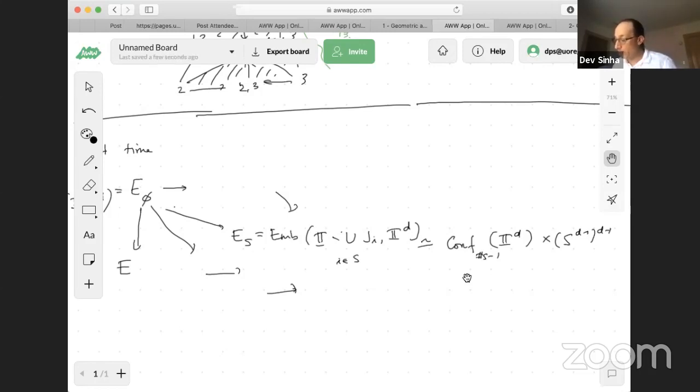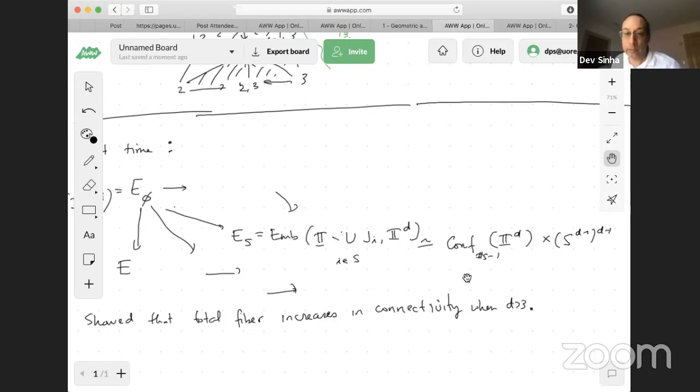So we showed that the total fiber increases in connectivity when I'm in dimension greater than 3. Now, again, for any geometric topologists, this doesn't apply to knot theory, although we'll get to some knot theory before too long.